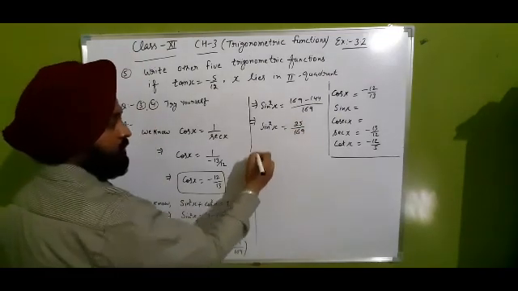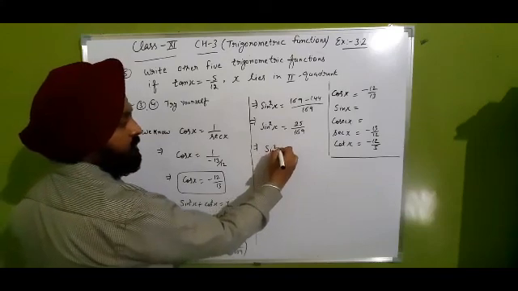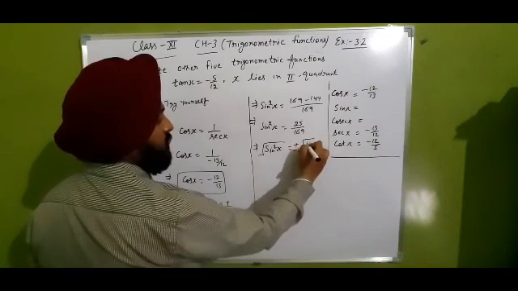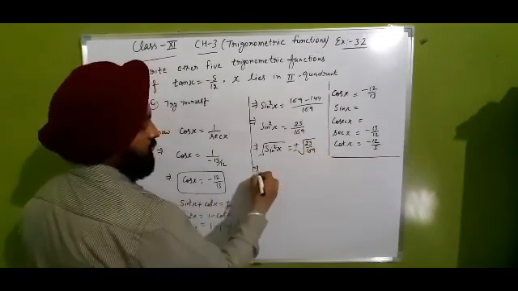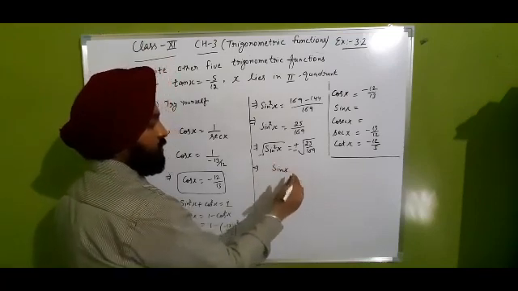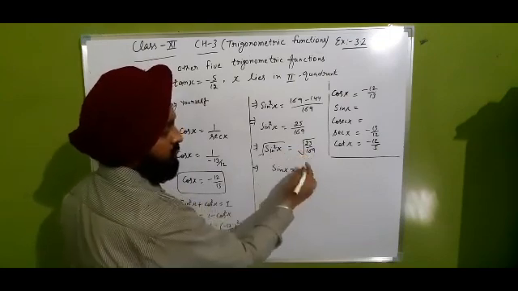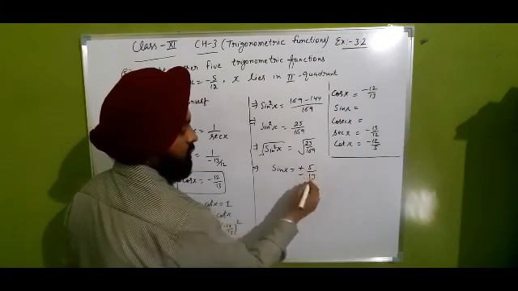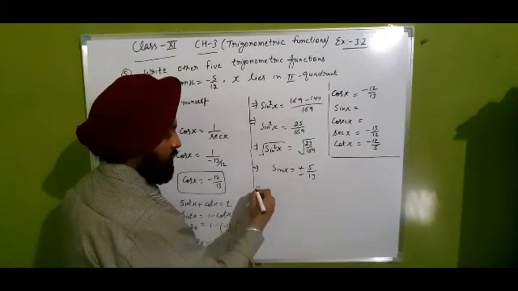Now take a square root on both sides to find the value of sine x there. Square root of sine square x is equal to plus minus square root of 25 upon 169. That gives you sine x is equal to plus minus 5 upon 13. Clear? Plus minus 5 upon 13 will be there.